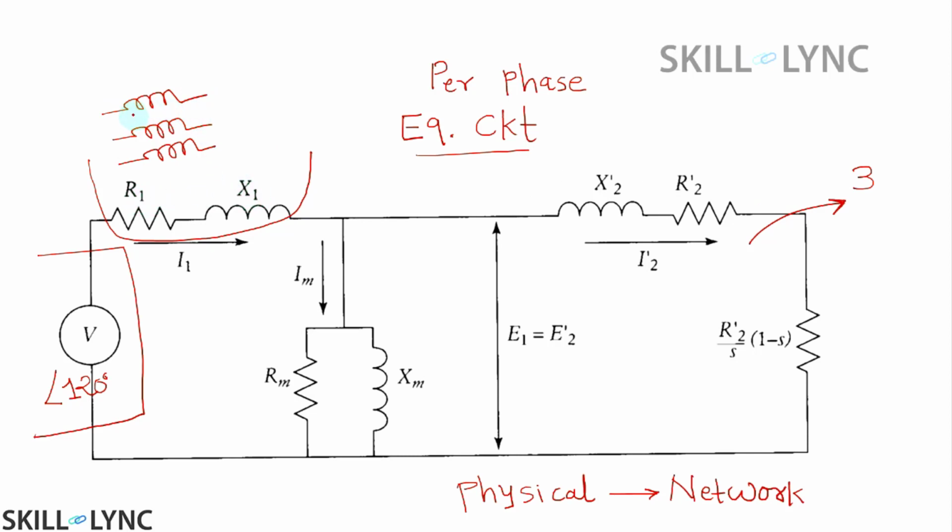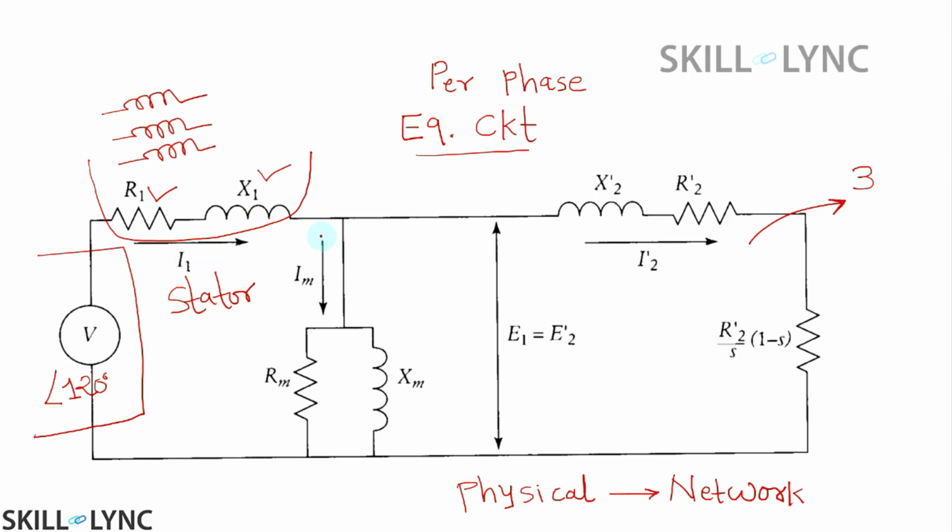The primary or stator winding resistance and inductance are given as R1 and X1. The notation 1 stands for stator and 2 stands for rotor. So these are the stator parameters. This is the stator current I1.